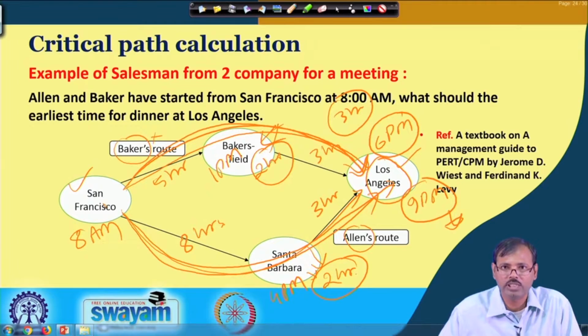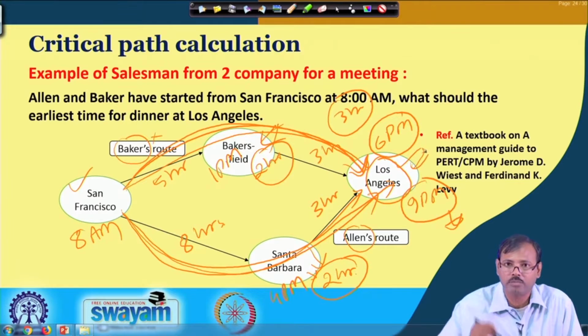The path which is the longer path is the critical path, but the longer path allows the earliest completion of the job. That means, the meeting is the final target of the job.